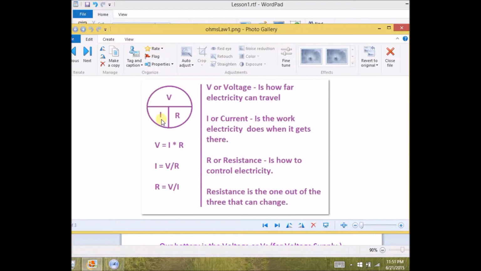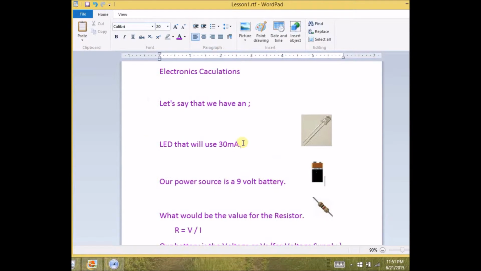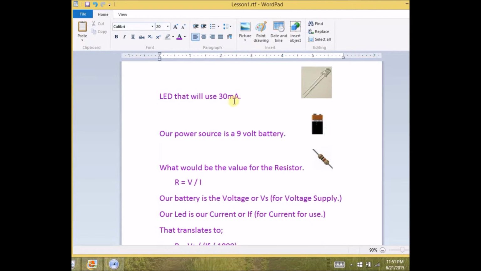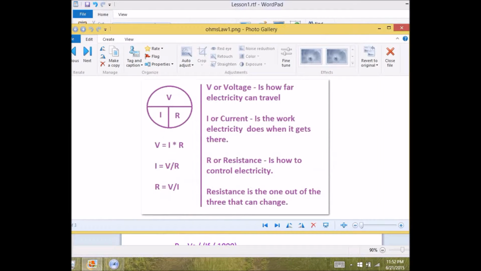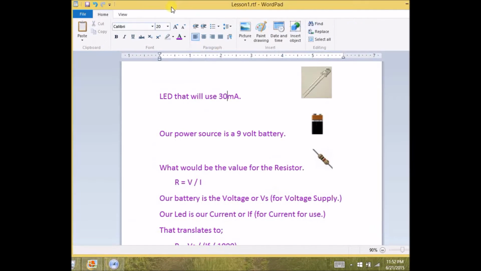Our current here is going to be the 30 milliamps, the work that the electricity does when it gets there. Well, our LED is going to light up. That's the work that the electricity is being put towards.